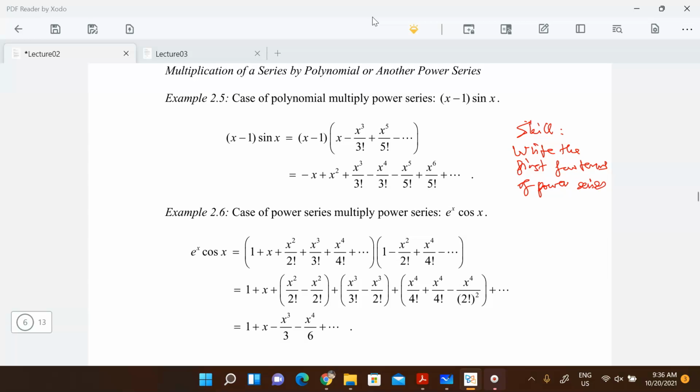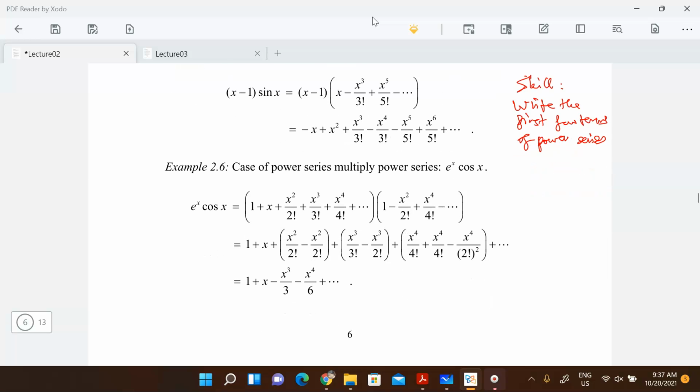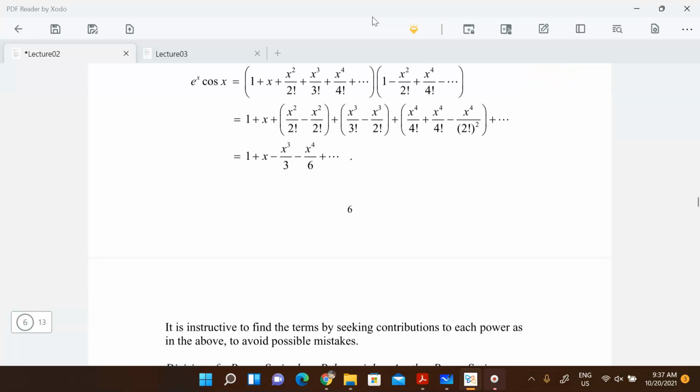That is expected of you. So you can do a lot of exercises for this kind of thing.